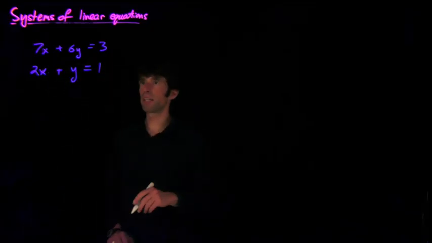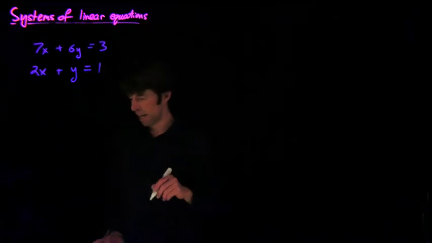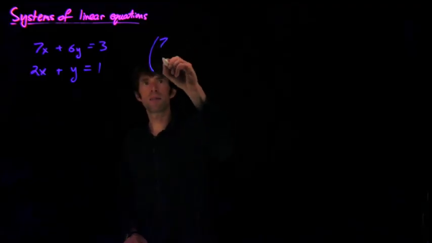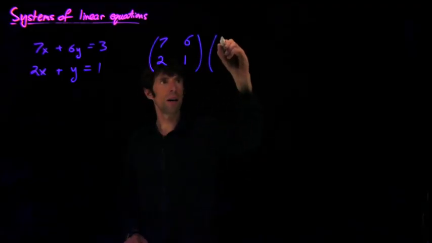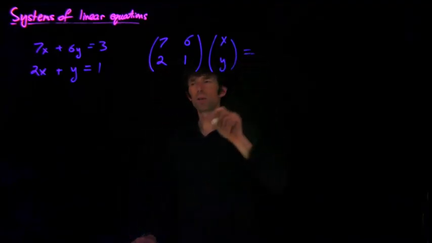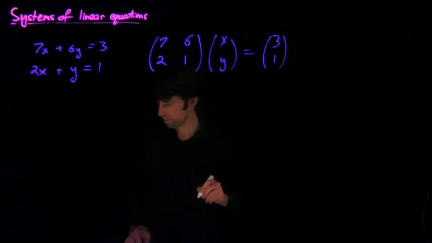So there's a system of linear equations. And I can convert this into a matrix equation that says (7, 6; 2, 1) times an unknown vector (x, y) is equal to my right-hand side vector (3, 1).